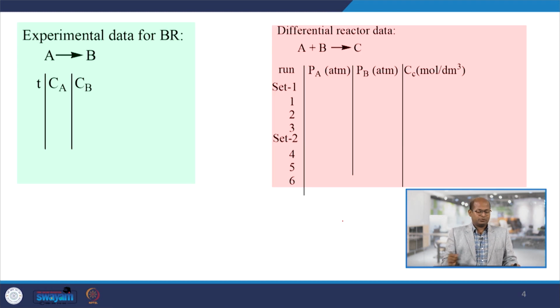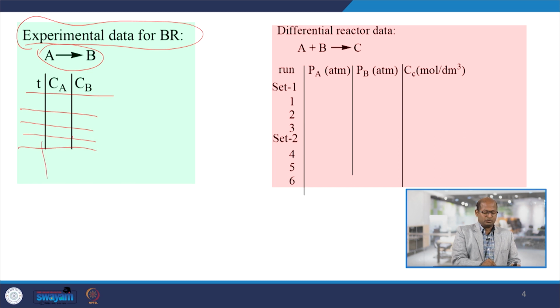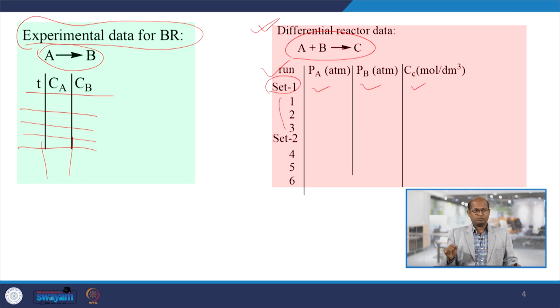Okay. From experiments, this is the temperature against concentration data we usually obtain. For the differential reactors, for a set of runs 1 to 3, there are three components, the partial pressures of A, B and C. At different conditions we get different sets of data from the experiments.